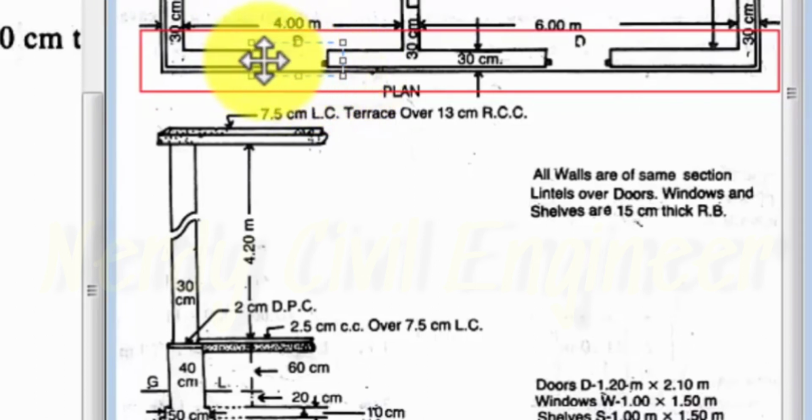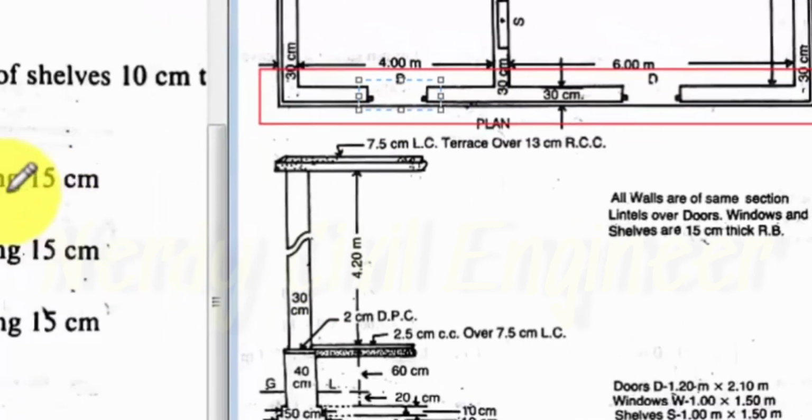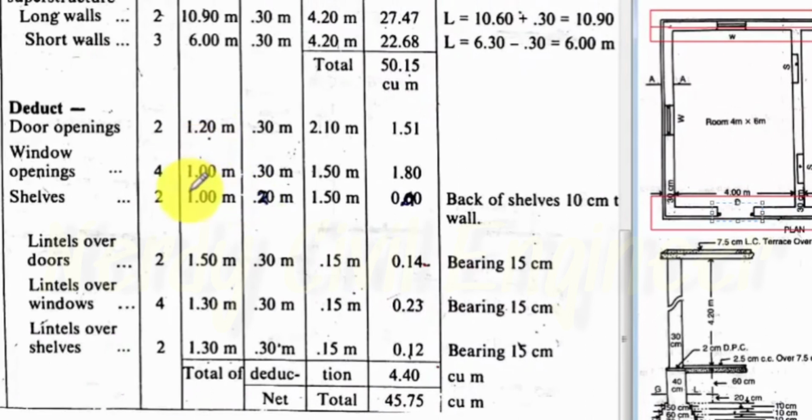As you can see the widths, we know the width of the door is 1.20, but we will have to add 15 centimeter on both sides, that is 0.30 meter in total. So adding 0.30 to all the widths of doors, windows, and open shelves, we will get 1.50, adding 0.30 with 1.20 meter, then 1.30 adding 0.30 meter with the window, and 1.30 meter again adding 0.30 with the shelves.